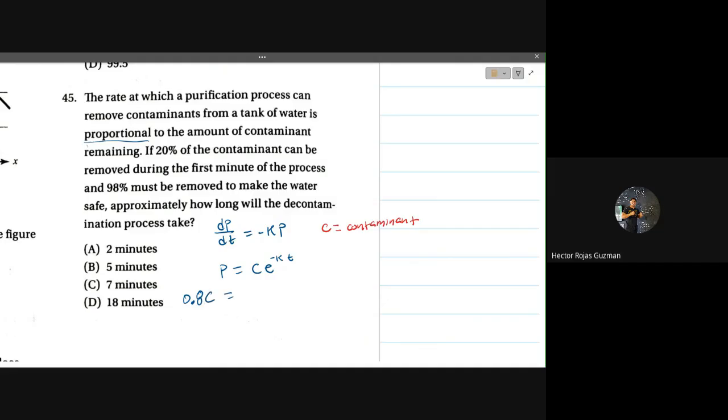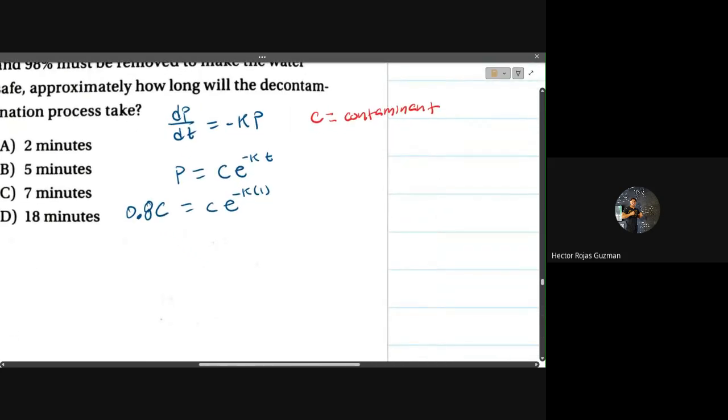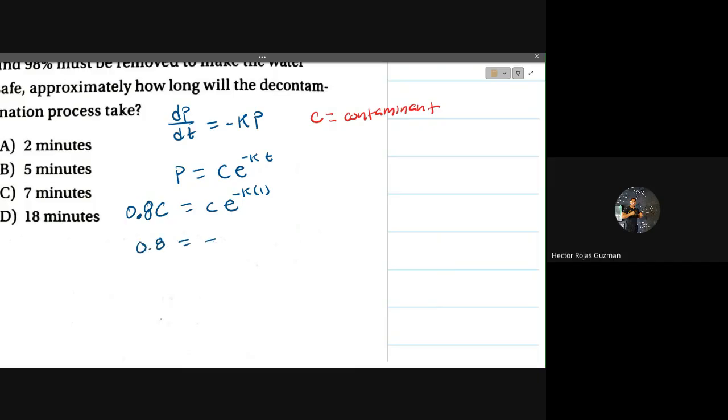We have 80% of the contaminant after 1 minute. This is going to allow me to solve for K. So, divide by C. Take the natural log on both sides. And divide by your negative. There's your K. Which means my formula is this.